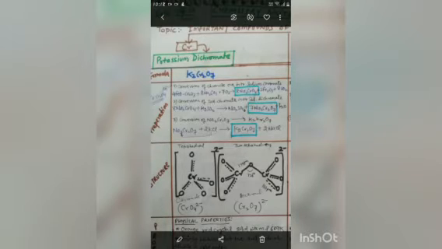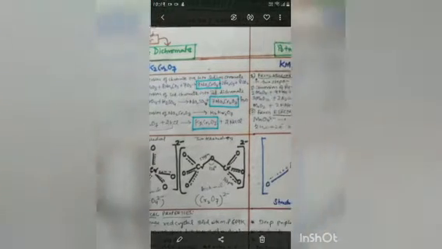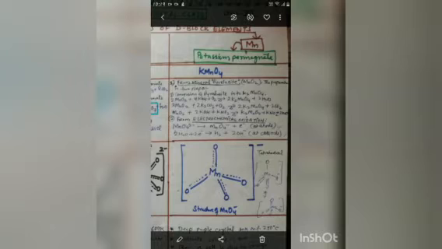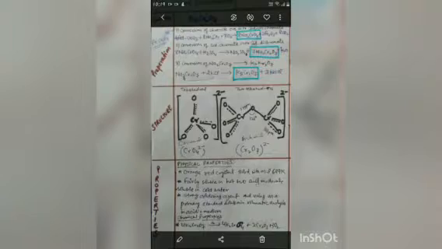First one is chromate and second one is dichromate. The difference between chromate and dichromate is that chromate consists of 1 chromium ion, whereas dichromate consists of 2 chromiums. The structure of potassium permanganate is that it consists of 1 manganese and 4 oxygen.